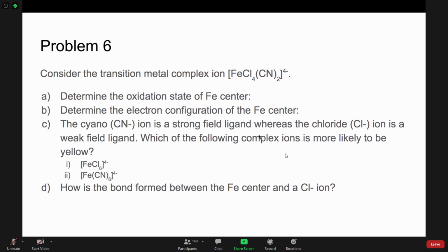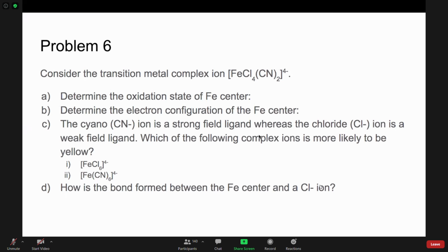So in part C, it's asking us which of the two given transition metal complexes is more likely to give off a yellow light. So if we're giving off a yellow light, does that mean we're absorbing high energy or low energy? McKenna.